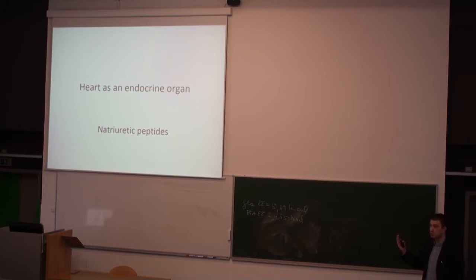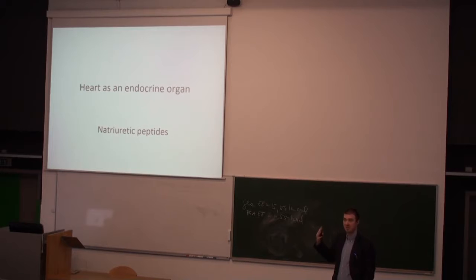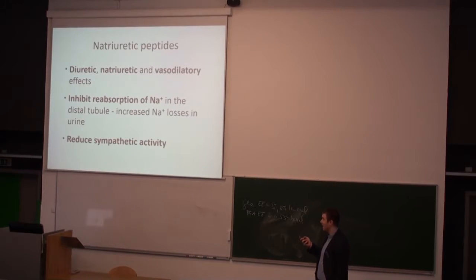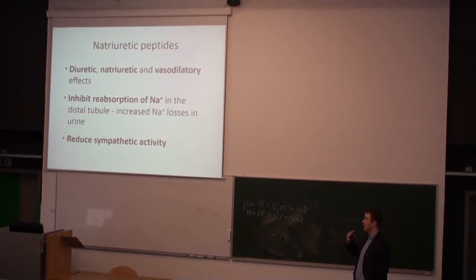For the heart, it was also discovered that our heart cells can produce hormones that will affect, especially, of course, the cardiovascular system and the internal environment balance. These hormones are called natriuretic peptides or natriuretic polypeptides. As you see in the name, they will do the natriuresis.